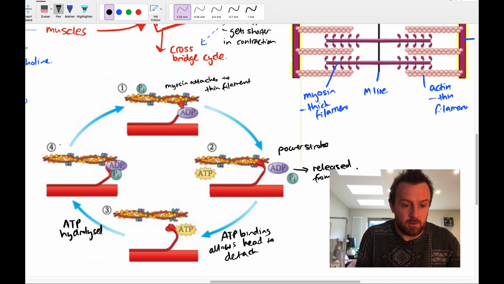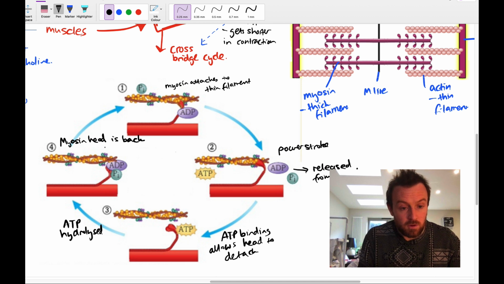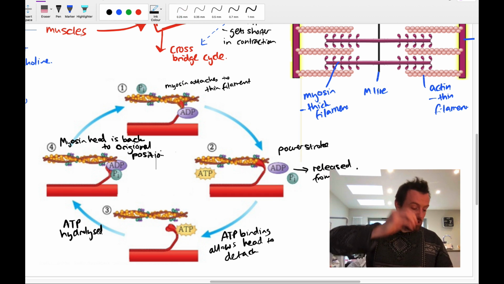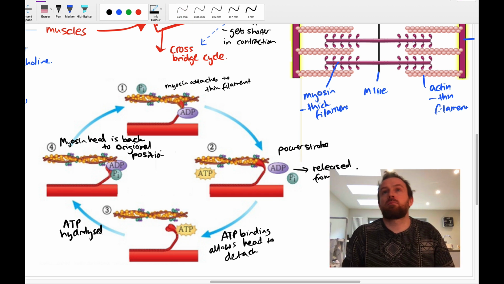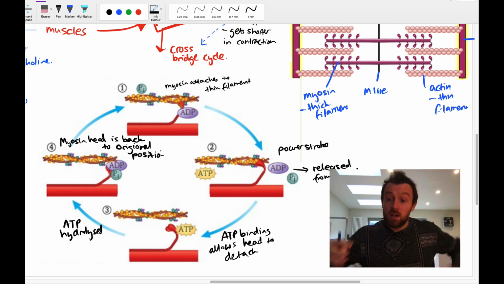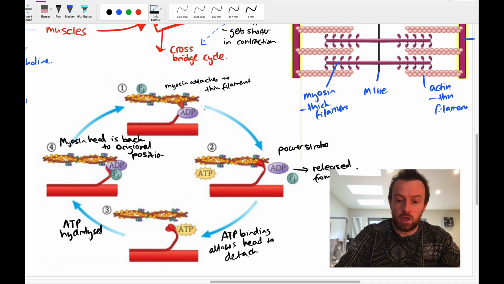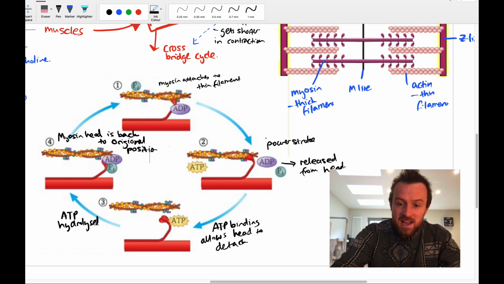Let's just say the myosin head is back to the original position. And this cross-bridge cycle is occurring thousands and thousands of times a second to ratchet those muscle fibers along.